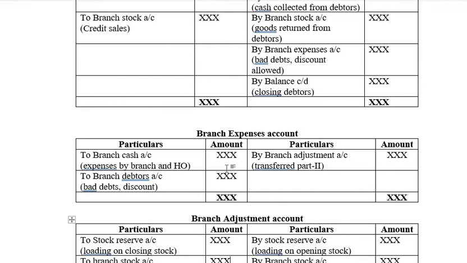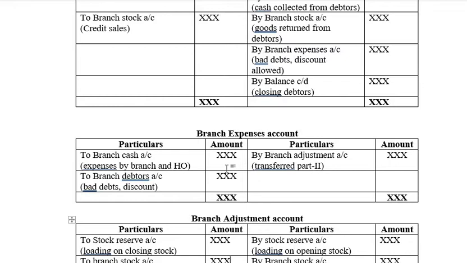Now basically, what do we get to know from this expenses account? It is basically the expenses included in terms of discount allowed, bad debts and so on. The balance of this account is transferred to the second part of the next account.